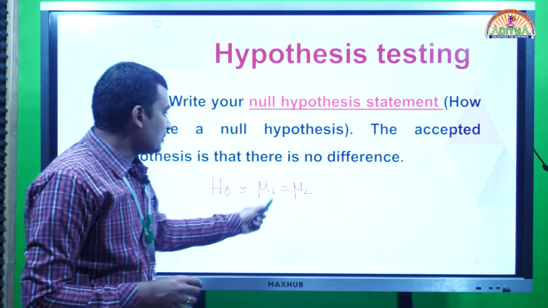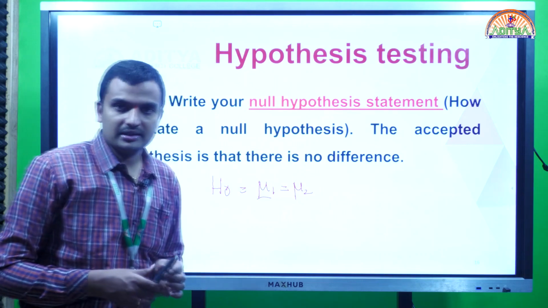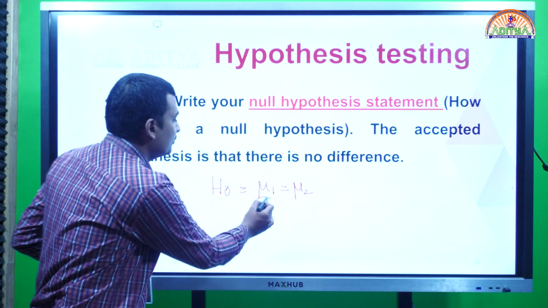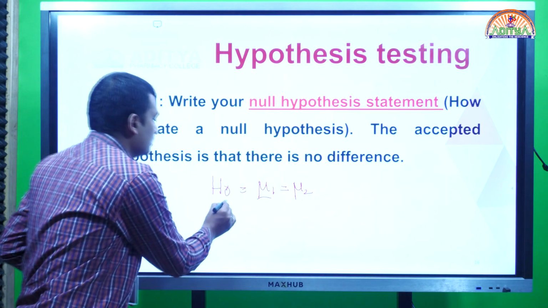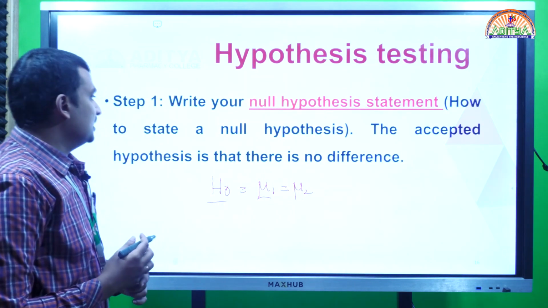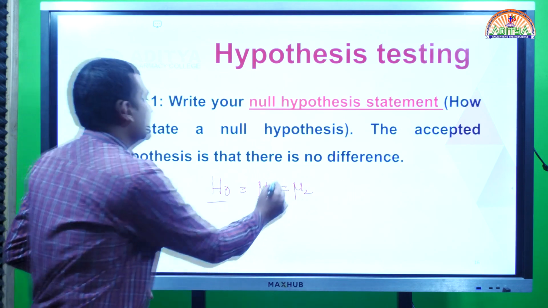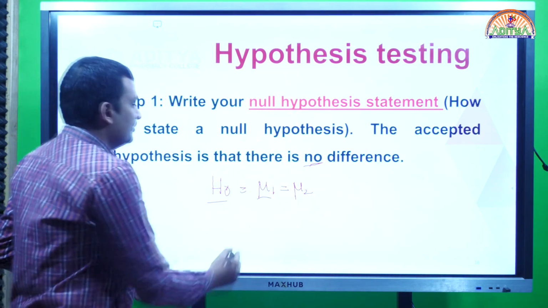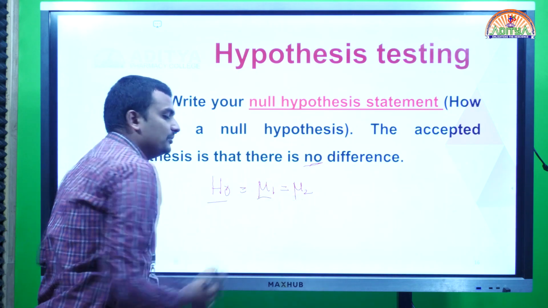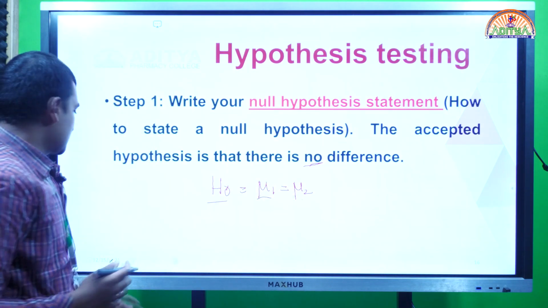As we discussed, the population will be represented by the Greek letter mu. I have written mu1 and mu2 to denote the two populations, and H0 to denote the null hypothesis. The null hypothesis assumes there is no difference between the two given populations. Therefore, we can write mu1 is equal to mu2 as there is no difference.